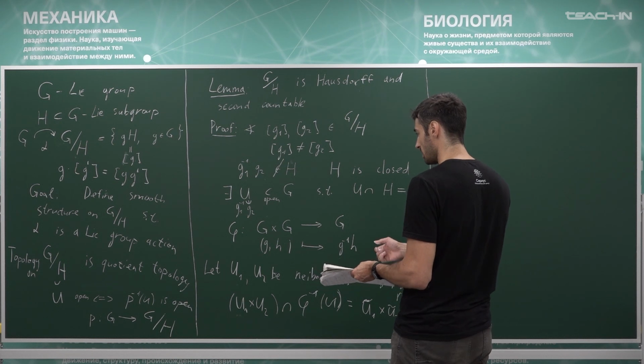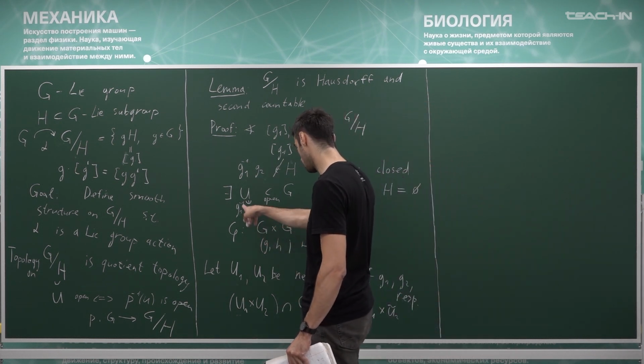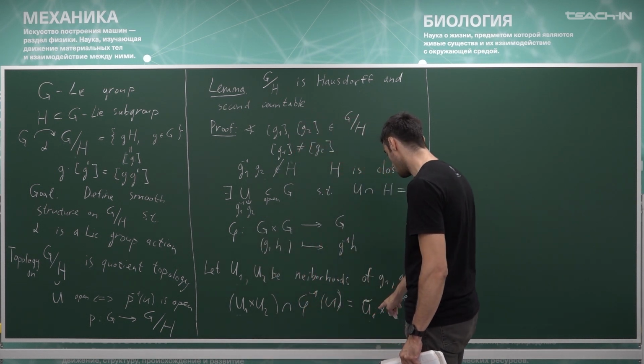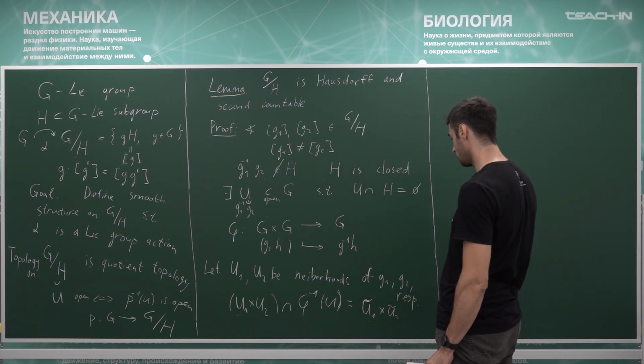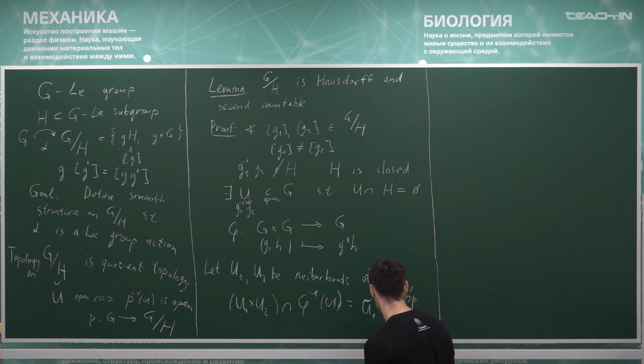And (g1, g2) is in the preimage of U under phi. So therefore (g1, g2) is inside U1 tilde times U2 tilde, right? So g1, g2 is inside here.